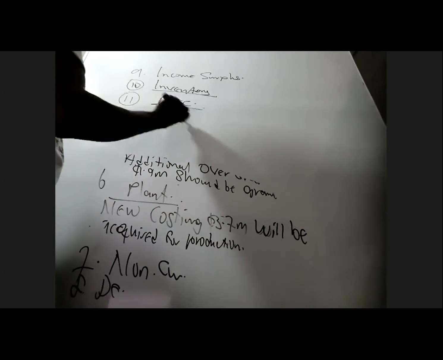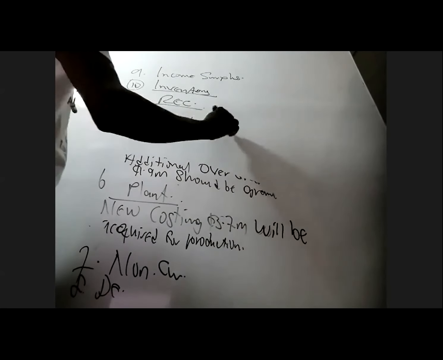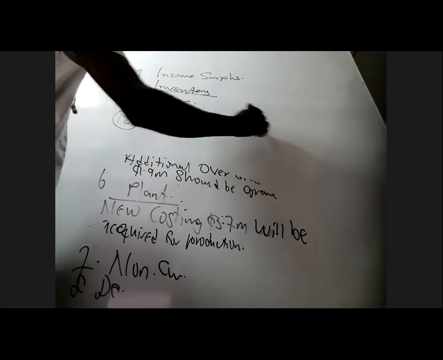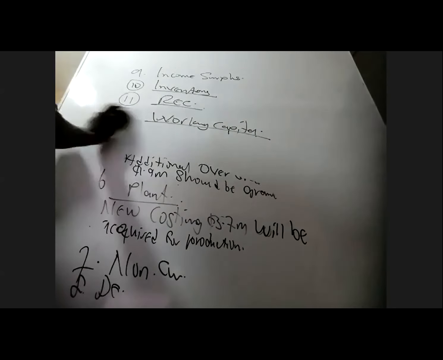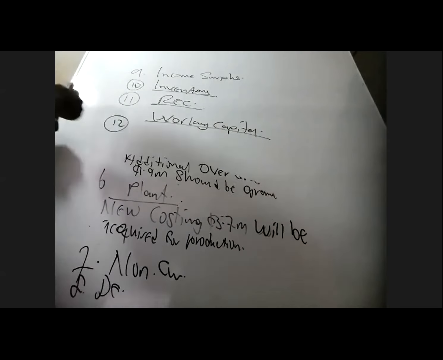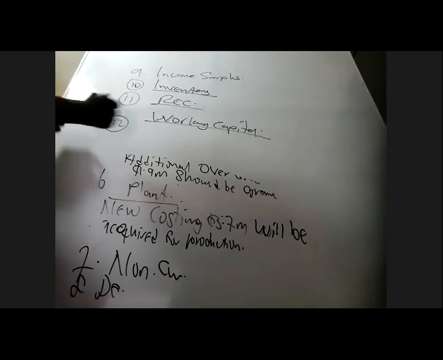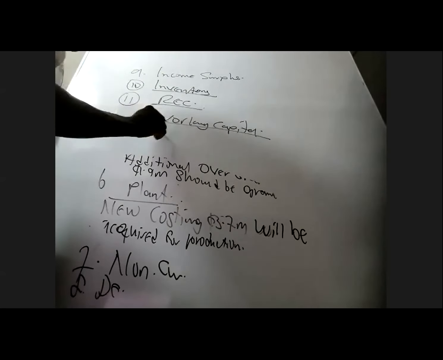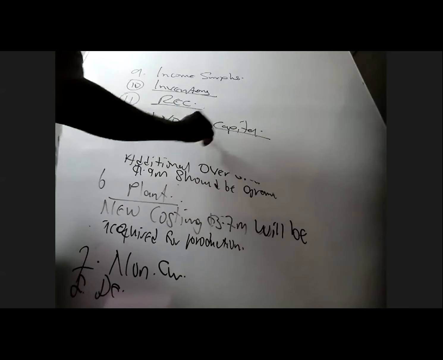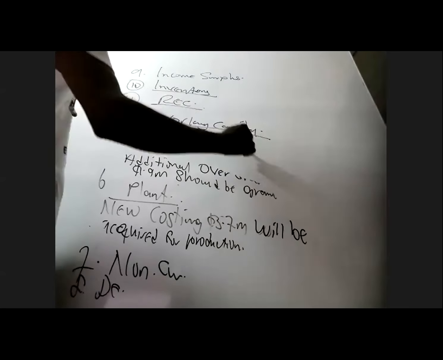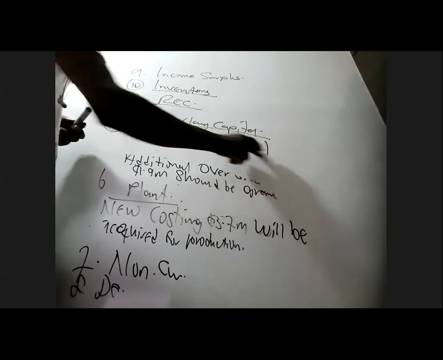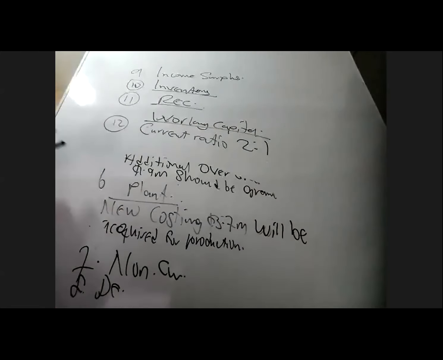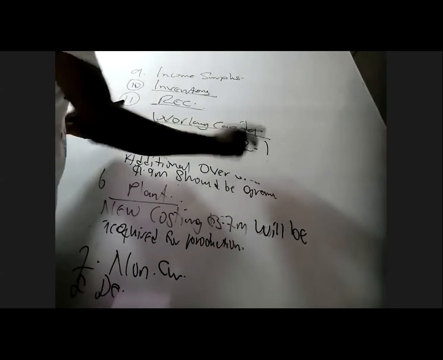So working capital, that's the 12th position. This will restore a prudent current ratio of 2:1. It means that whatever is said here, you just go and calculate for your new financial position. If you are not getting 2:1, trouble for you.